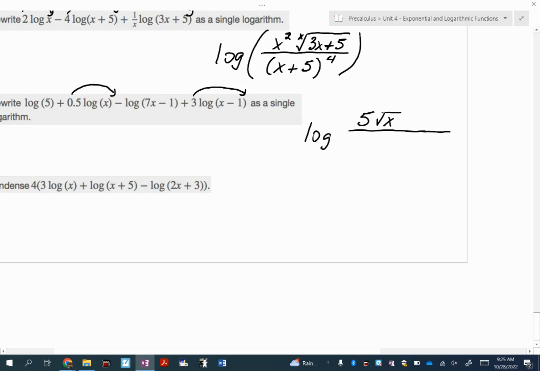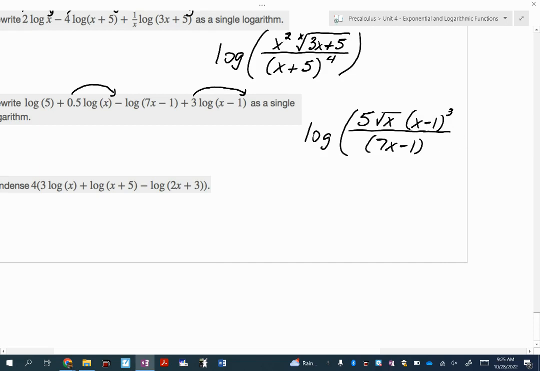And then in the bottom, I'm going to have 7x minus 1. And then also in the top, I'm going to have x minus 1 cubed. Okay, so that's it for this one.